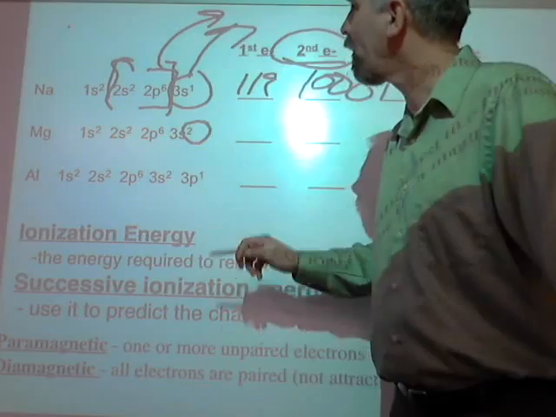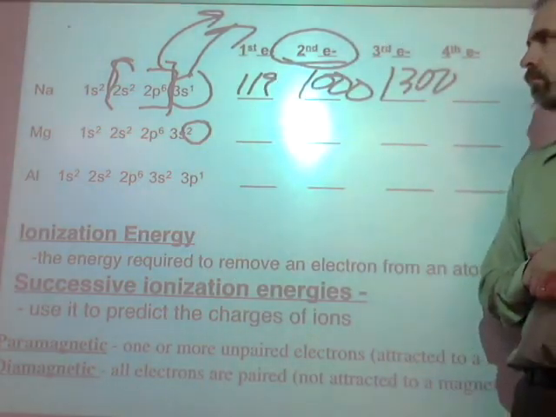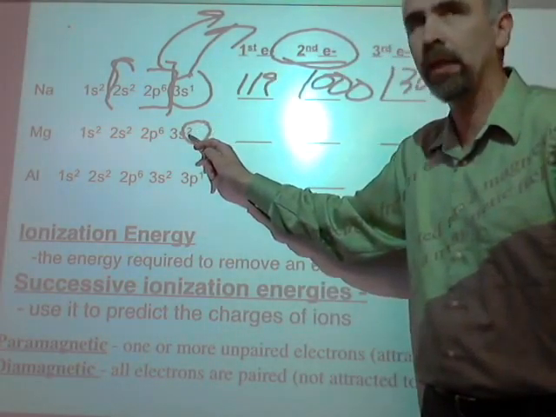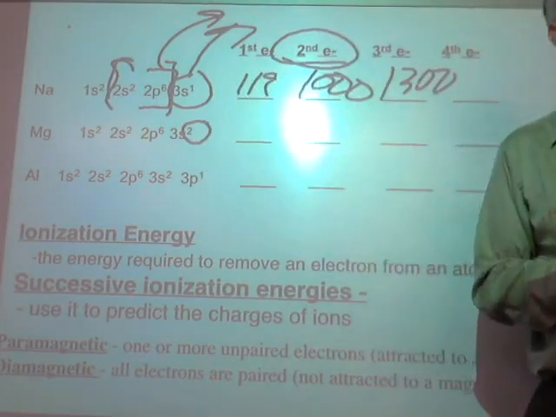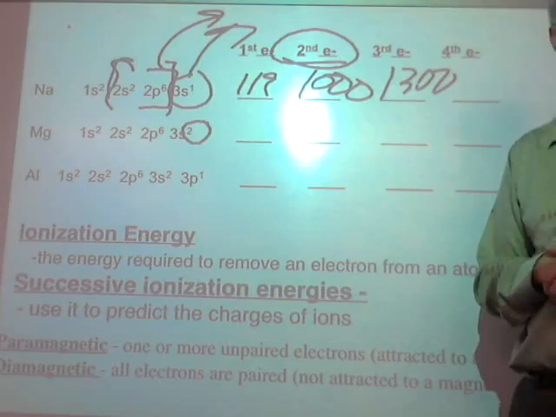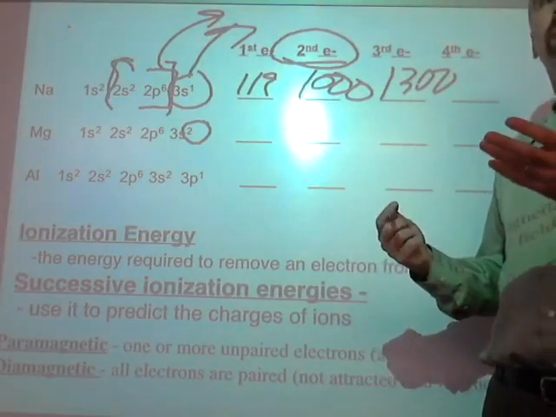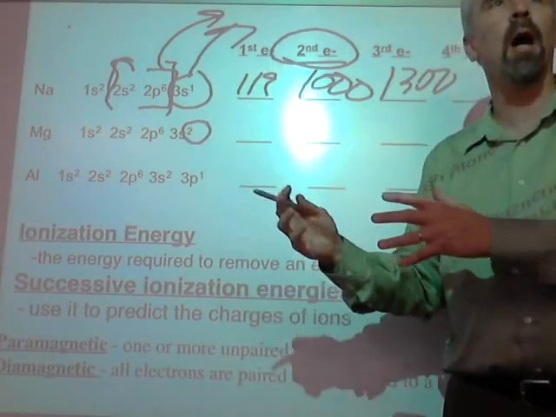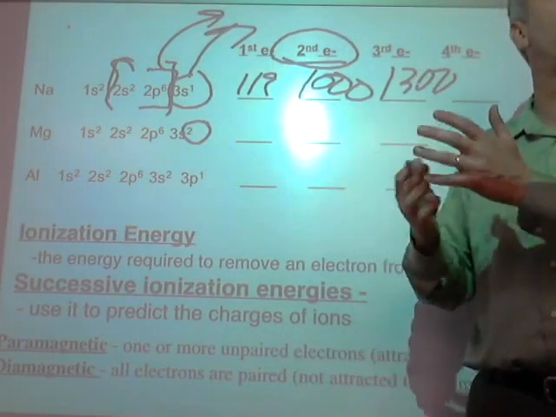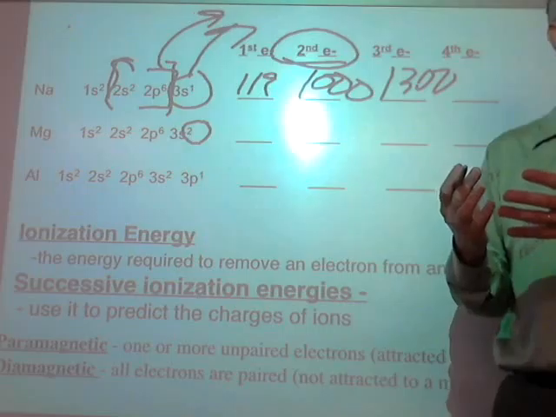If I gave you those numbers up here, would you expect it would be easier or harder to remove this electron than that electron? Think. Harder, right? Why? Well, for a couple of reasons. One, that electron is paired up in the s sublevel. We know filled sublevels have extra stability, right?